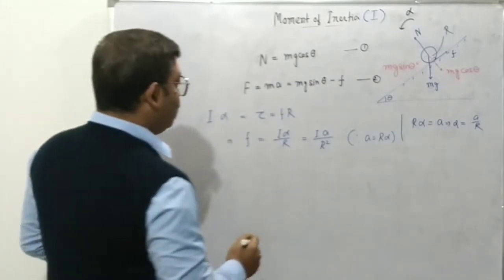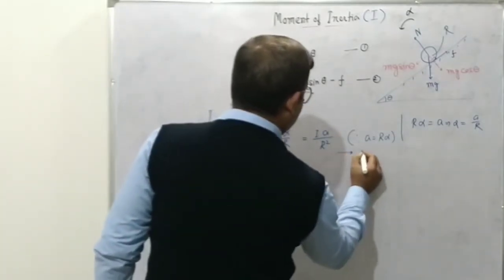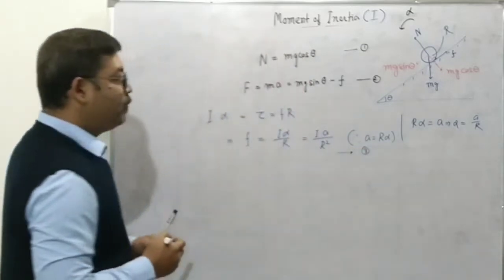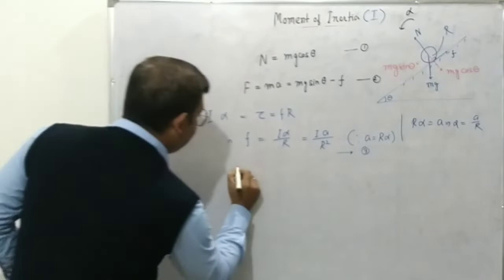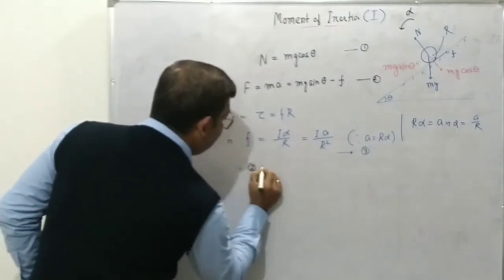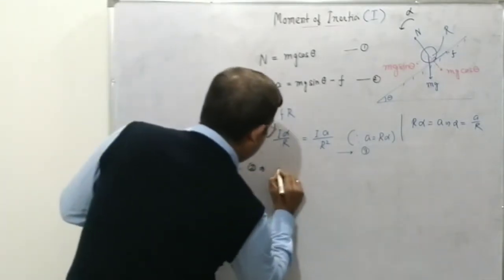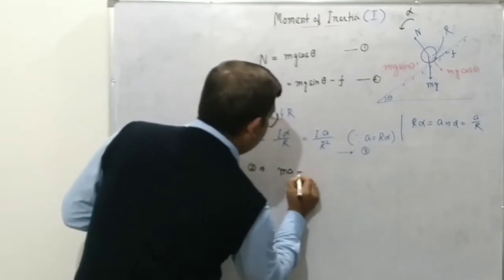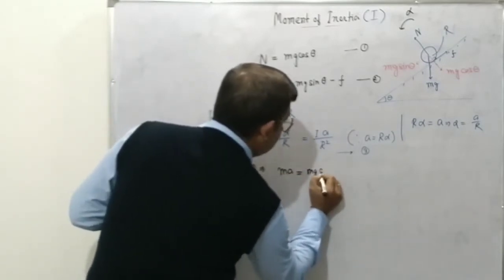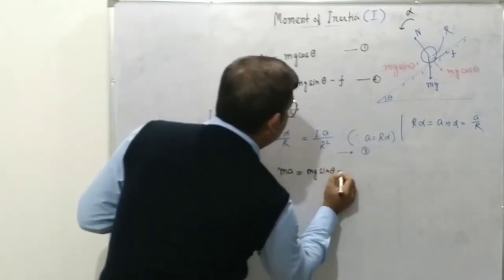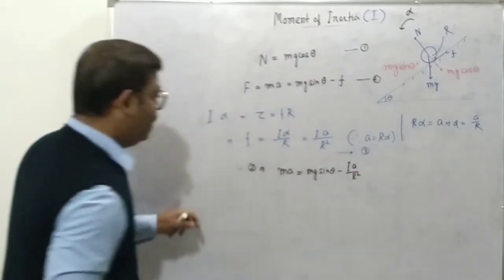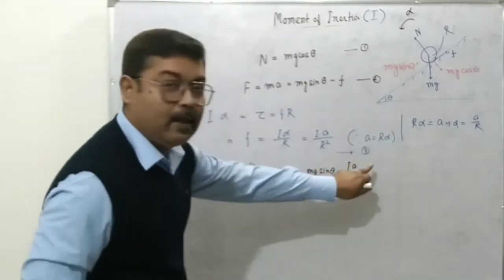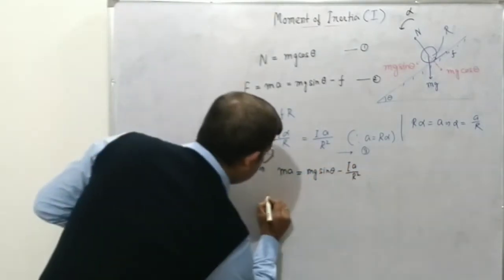Okay. So if we substitute this value of force of friction into equation number 2, we get MA equal to mg sine theta minus I A by R square. Let's take the terms with linear acceleration to the left hand side.